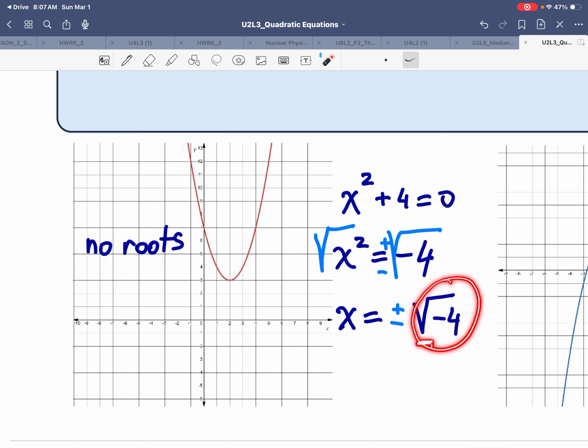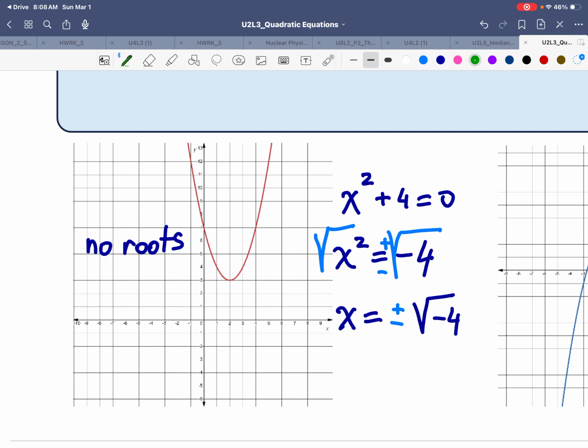Well, we're going to say that root of -4 is undefined in the set of real numbers, but root of -4 is actually a number, but it's a number that doesn't exist in the set of real numbers. We call these imaginary or complex numbers, which is something that you learn in a separate lesson probably, but I'm just going to give you a quick idea of what that means.